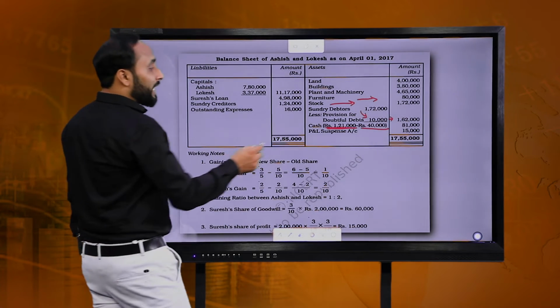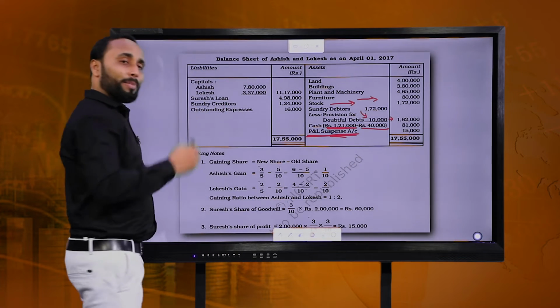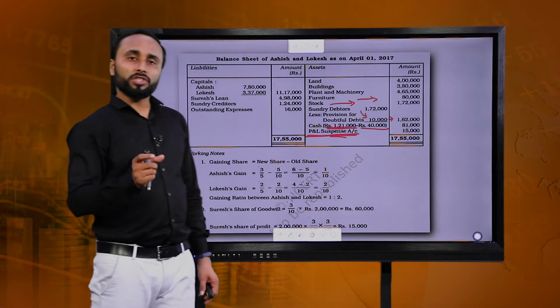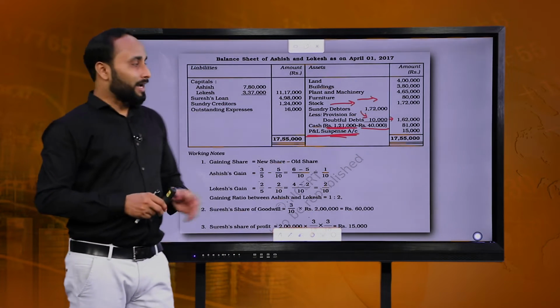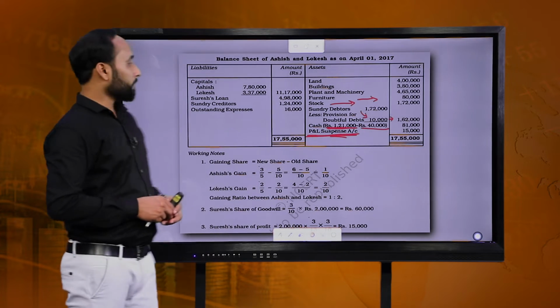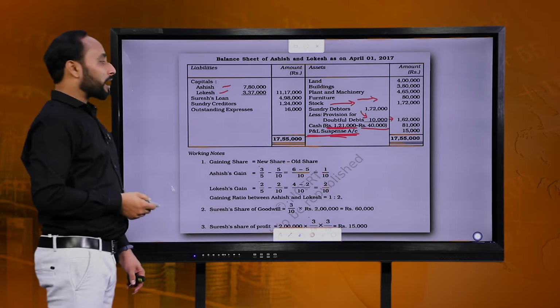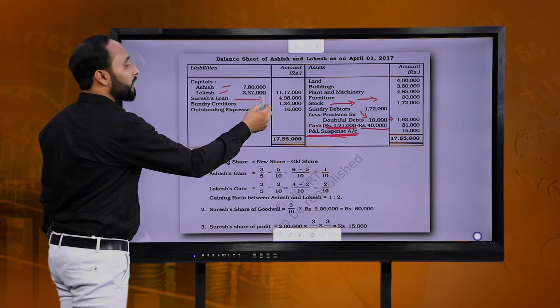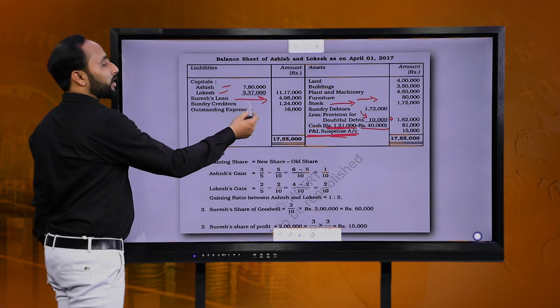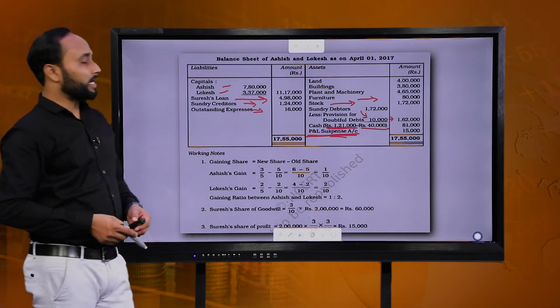Then P&L suspense account, as the amount which we paid to the retiring partner for the profit share of the particular year has to be shown here on the asset side of the balance sheet. Thereafter, we show the balances of the remaining partners, we show the loan amount of the retiring partner and the other liabilities which in this question remained unchanged.